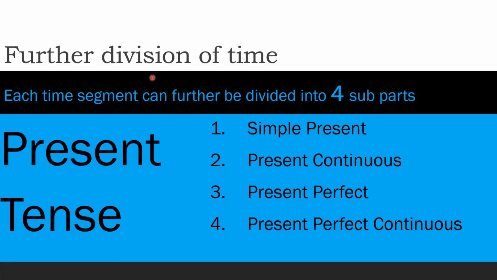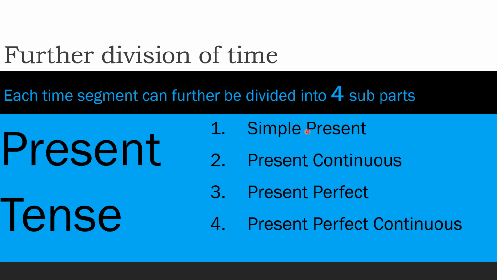Then further division of time. Each time segment can further be divided into four subparts. So for example, this is present tense. There are four parts of it. Simple present, sometimes people call this present indefinite tense, then present continuous, then present perfect, and then present perfect continuous. These are the four divisions of the present. Same are the four divisions of the past. We just change present with past.